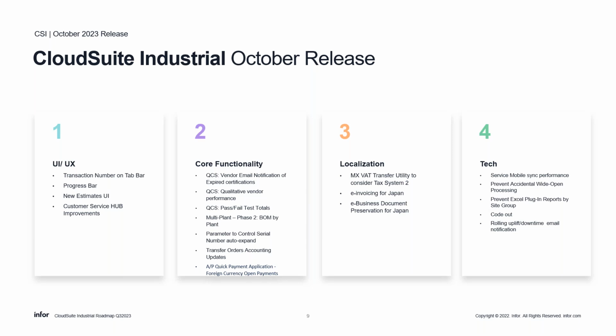So in relation to UI/UX, I mentioned some of the areas that we covered already with the estimates enhancements, but we're also working to add, and you may have seen some of this, the transaction number on the tab bar. If you have multiple tabs open, and I have an example of this in an upcoming slide, and you're in customer orders and estimates and multiple tabs across any of these forms, it's really difficult to know which tab belongs to which record.